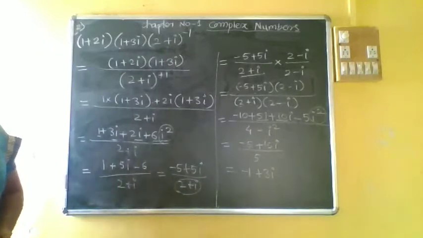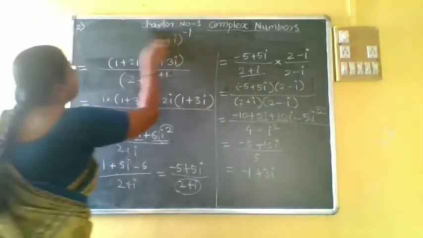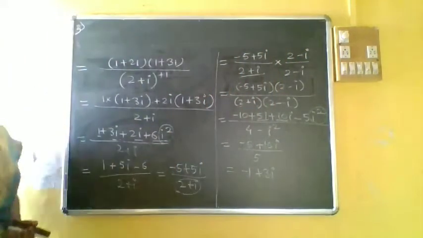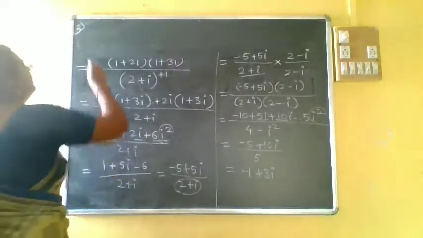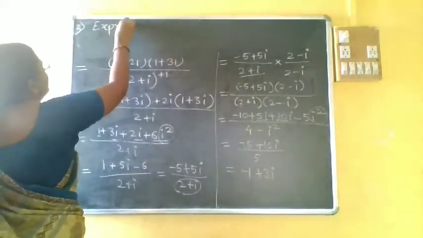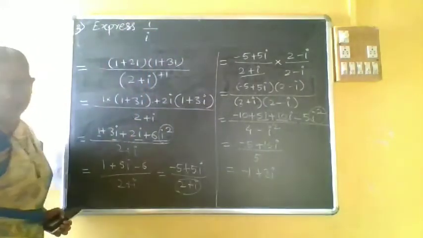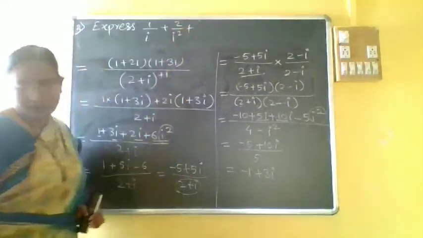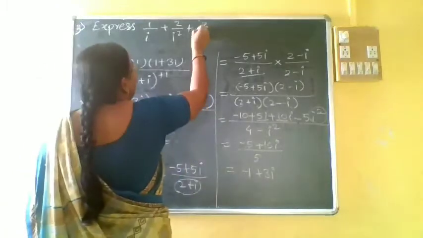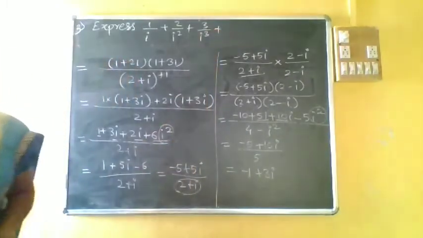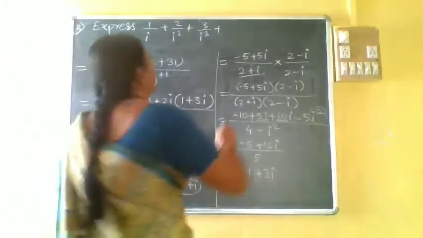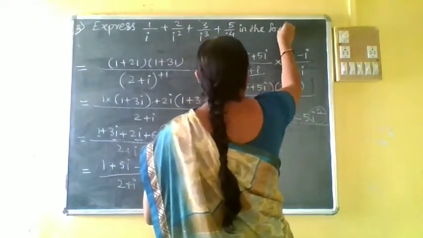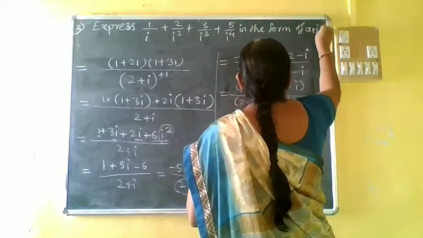The third example is: express the given terms, that is 1 upon i plus 2 upon i square plus again 3 upon i cube plus the next term 5 upon i raised to 4, in the form of a plus i into b.